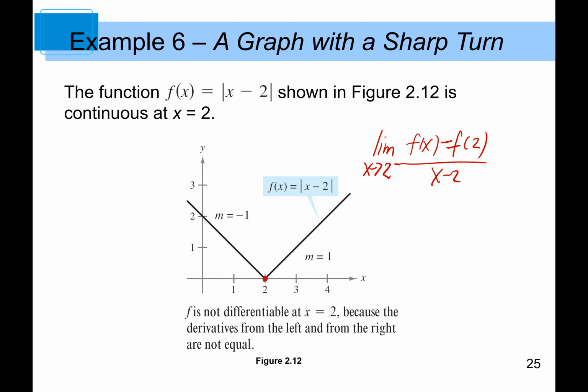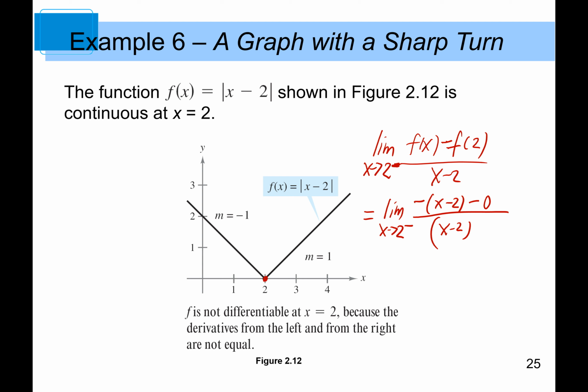Let's use the definition of the derivative from the left. The limit as x approaches 2 from the left: this thing is negative, so we put negative (x minus 2) minus f of 2, f of 2 is 0, right, over x minus 2.